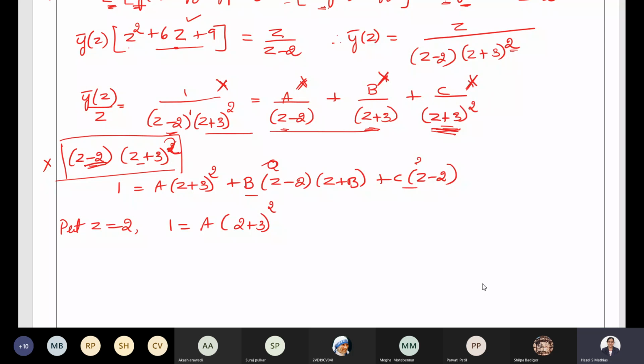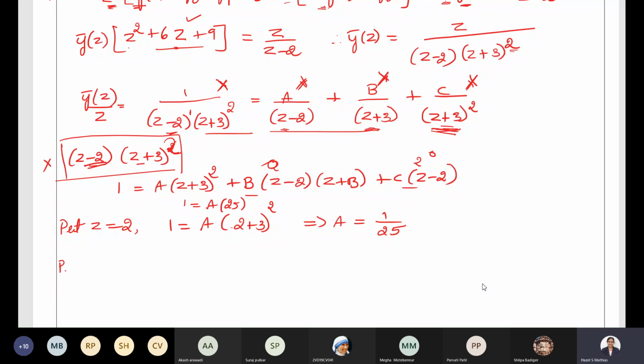Even if I put z equal to 2, 2 minus 2 is 0, so B and C both terms will be 0. 3 plus 2 is 5, 5 square is 25. This implies the value of A is 1 divided by 25, because 1 equals A into 25. So A value is 1 by 25.